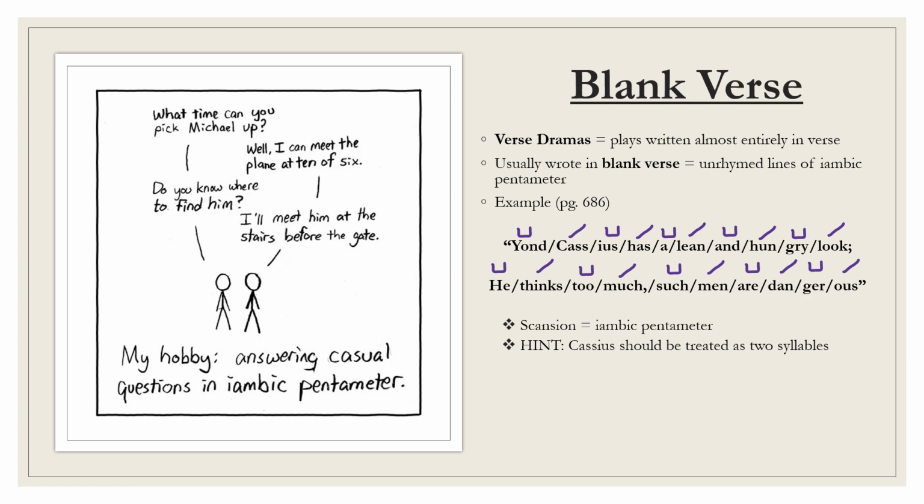But I also am going to pay attention to when I see Shakespeare perhaps deviate away from this iambic pentameter. Because remember, whenever I have a deviation away from iambic pentameter, or any meter for that matter, my poet is trying to identify something for me.